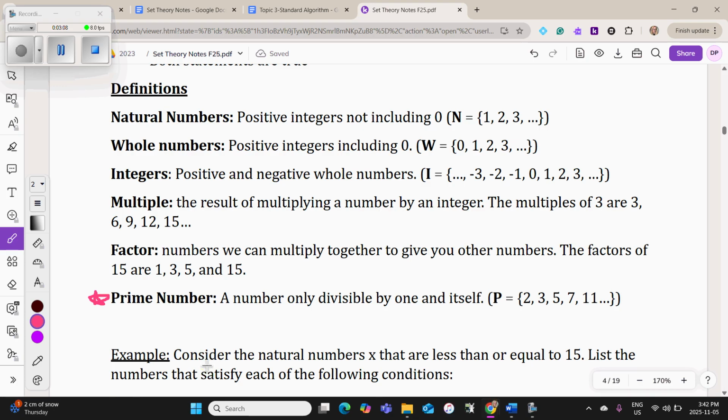So 2, 3, 5, 7, 11, these are all prime numbers. For example, 11 doesn't divide by any numbers other than 1 and itself. So you could continue this list. 13 would be next, followed by 17 and 19. And I notice right away that 4 is not on this list.